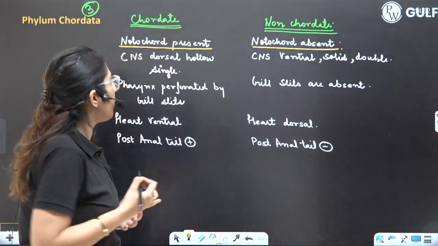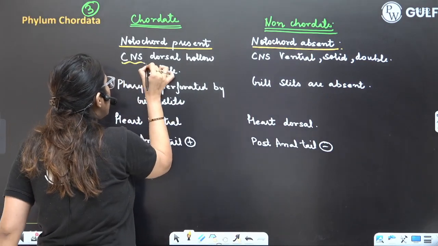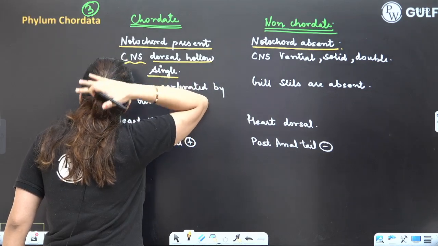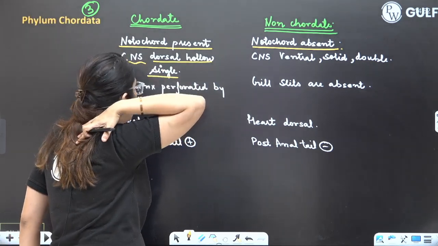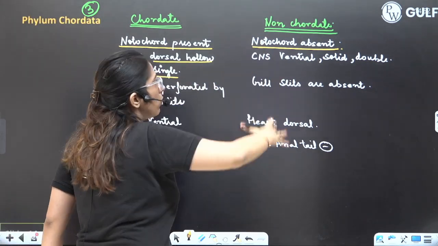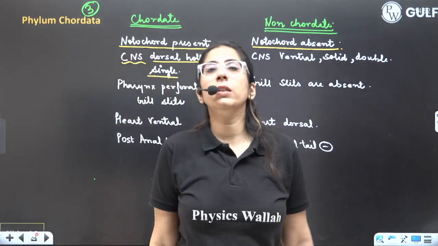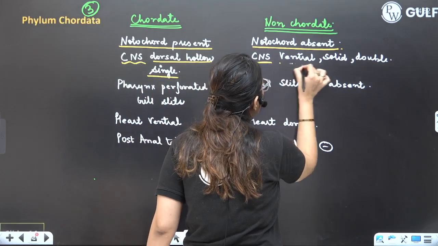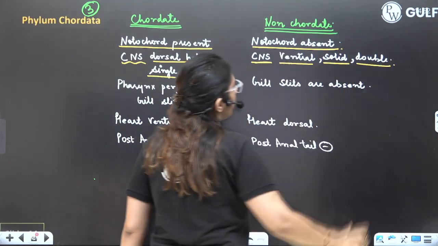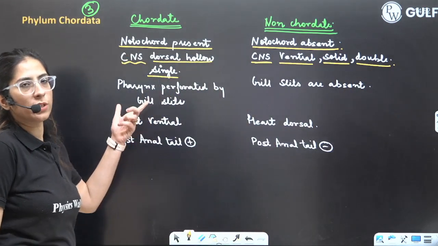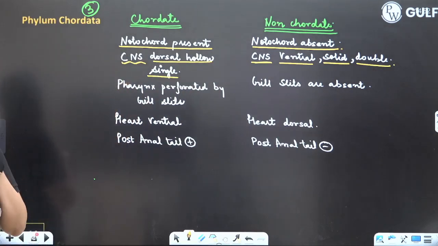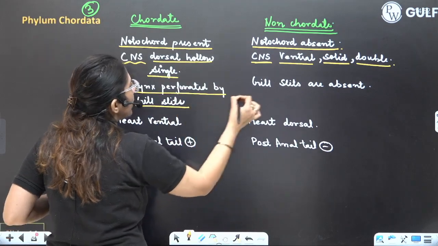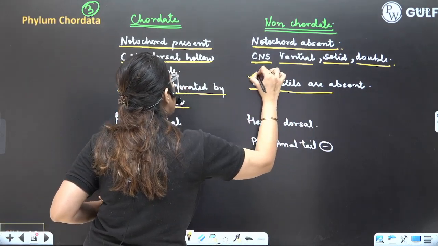Yes. In chordates, the central nervous system is dorsal, hollow, and single. That is, we have the brain and spinal cord on the dorsal side. Whereas in non-chordates, the central nervous system is ventral, solid, and double. Here, it is the opposite. Pharynx is perforated by gill slits; in non-chordates gill slits are absent.